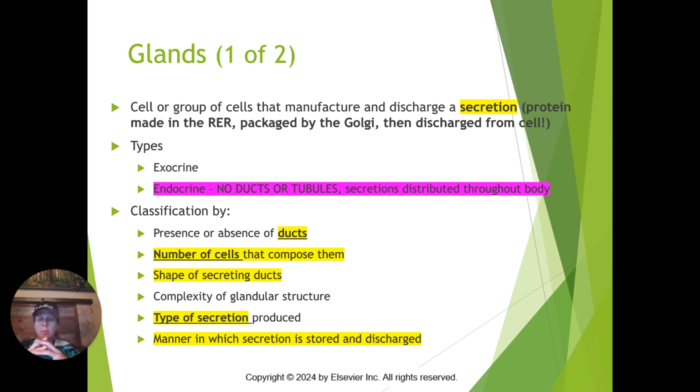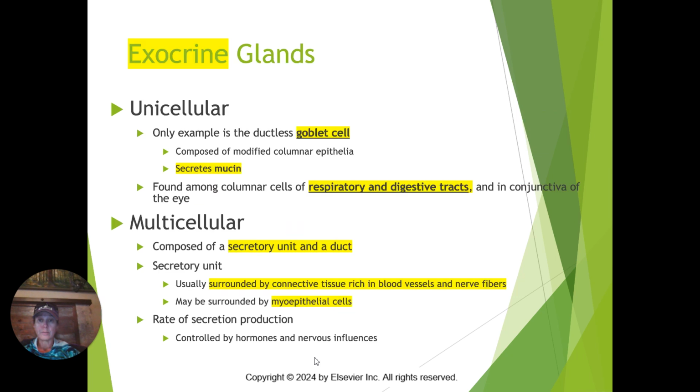So most of our hormone producing glands are what we call endocrine glands. So other ways that we can classify glands is by the number of cells that compose them, the shape of the ducts that they may have, how complex the structure of those glands are, the type of secretions that they produce, and the way in which they store and discharge those secretions.